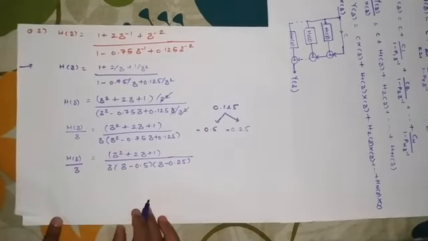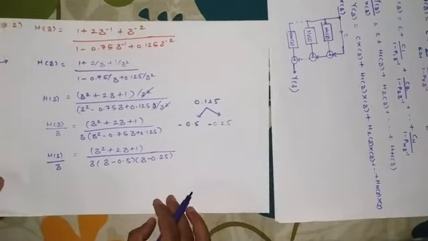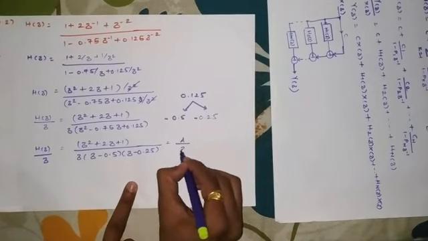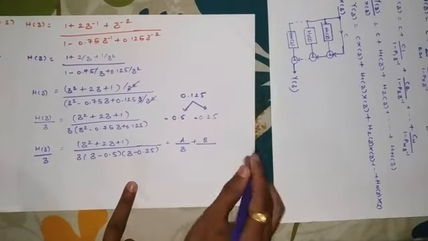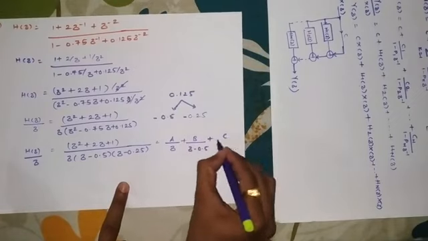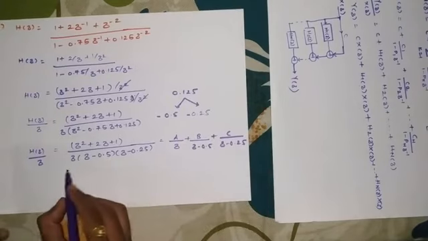This is our equation. Now we'll write this in terms of partial fraction coefficients, that is, I can write this term as A by z plus B by (z minus 0.5) plus C upon (z minus 0.25). So now we'll simplify this.